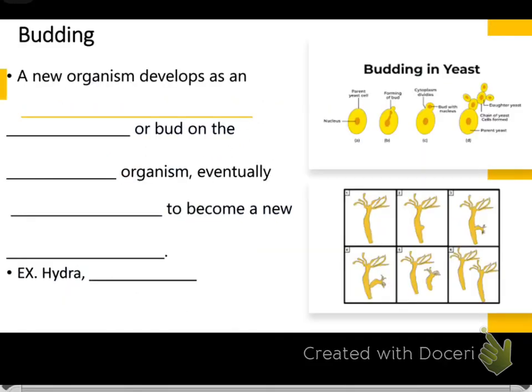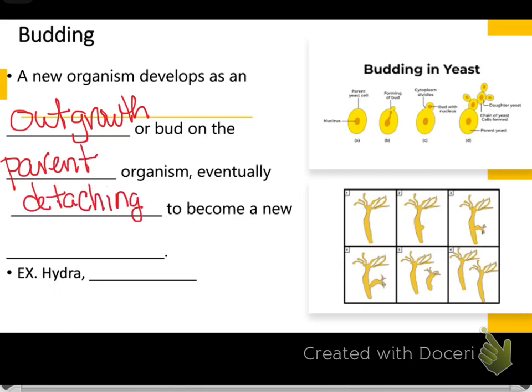Next example is budding. A new organism develops as an outgrowth or bud, which is why it's called budding, from the parent organism. Eventually that bud is going to detach to become a new organism. So if we look at this hydra right here, you can see it starts to grow a bud.